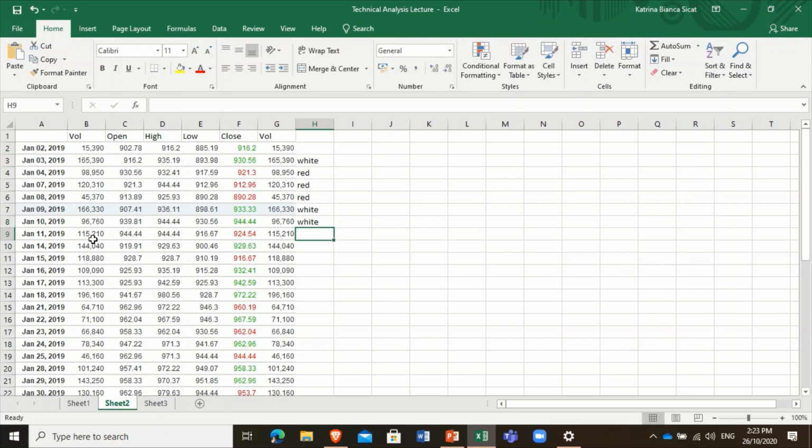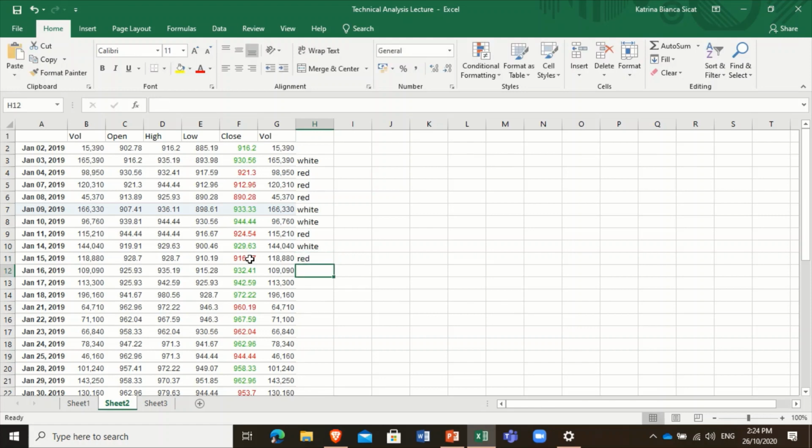Okay. And this one, 924. I think this is also red candlestick. Naghanap ako ng black eh. Wala pa yatang lumilitaw. Wala pa. This is white. Okay. How about this one? 916. This is also red.